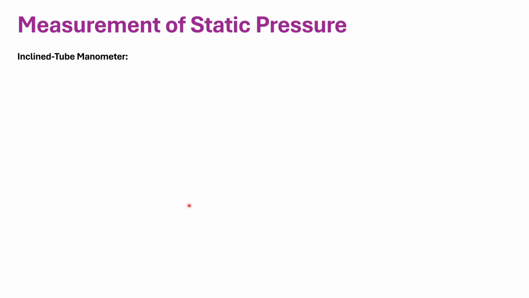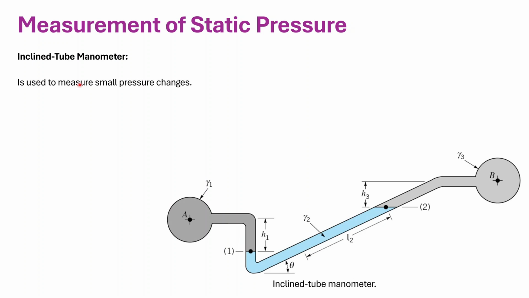Another type of manometers is inclined tube manometer. As you can see, the tube is angled and we have some angle here, theta. This type of manometer is used to measure small pressure changes, so it's more accurate. So we can write PA, which is pressure at this point, equal to pressure at this point, plus gamma 1 H1 because we're going down, so pressure increases.